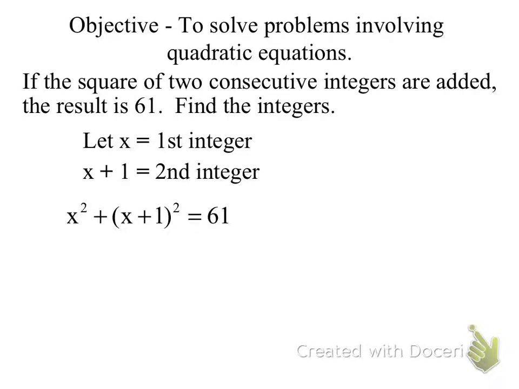Does that make sense? Look at the language. I'm squaring the two consecutive integers. I square this one, I square this one. And it also says are added. Those integers are added. Right? And is means equals. So now what would I do?